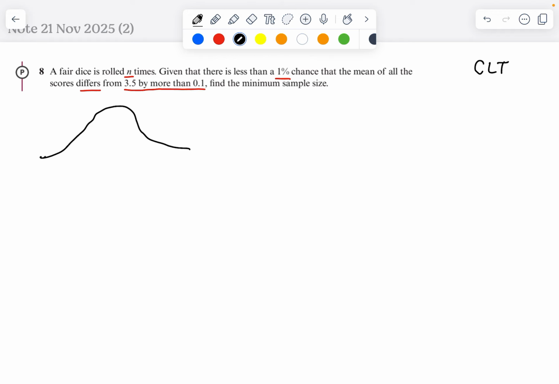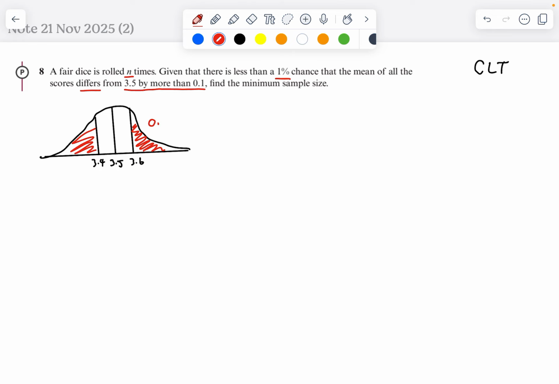So if we draw a bell curve, okay, and we've got 3.5, and then we've got 3.6, and then we've got 3.4. And basically that means that the whole of this area is going to add up to 0.01.